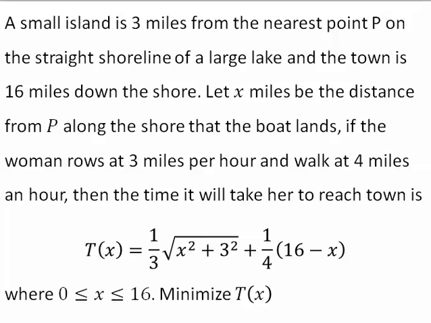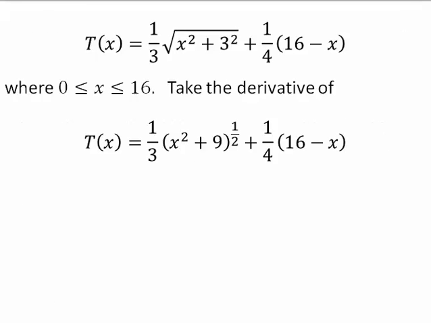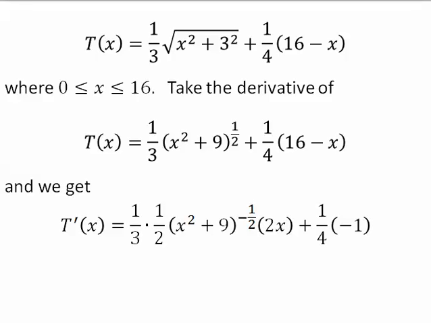We want to minimize this function because this function gives the amount of time. Take the derivative of the function. We bring down the 1/2, and then it's x squared plus 9 to the negative 1/2 times the derivative of what's inside.